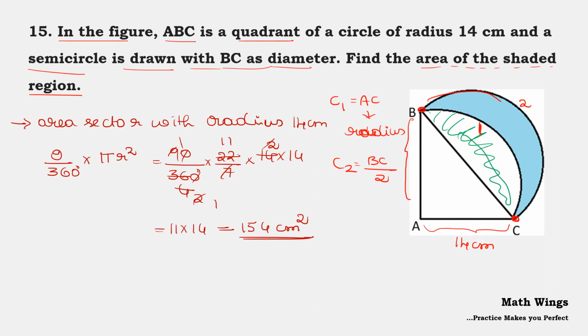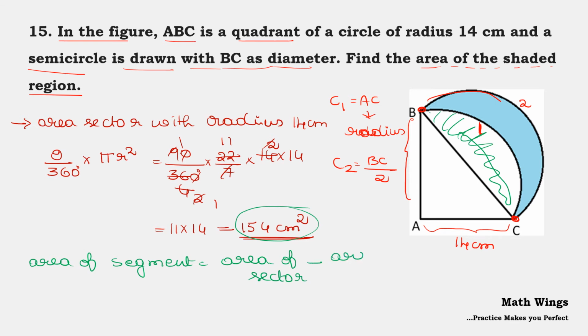So I can write the area of the segment, which is equal to the area of the sector, the one which we got just now, minus the area of the triangle ABC. So what's the area of triangle ABC here? Since it's a right angle isosceles triangle, how can we find the area of ABC? We can use just half into base into height.